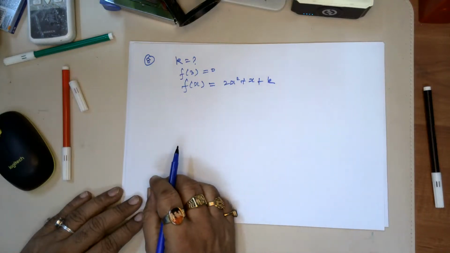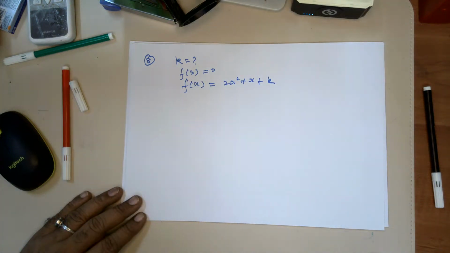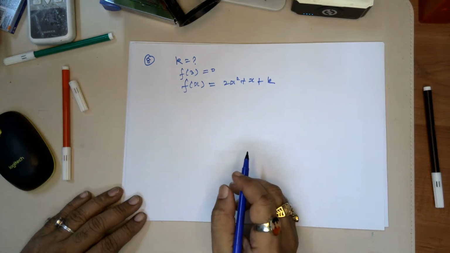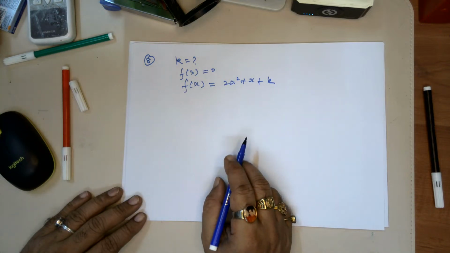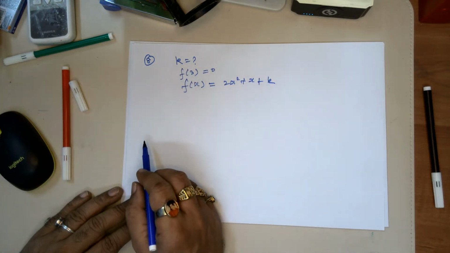Let me repeat the sum. For what value of k is 3 a zero of the polynomial f of x is equal to 2x squared plus x plus k? Right. Now we have to find out the value of k.